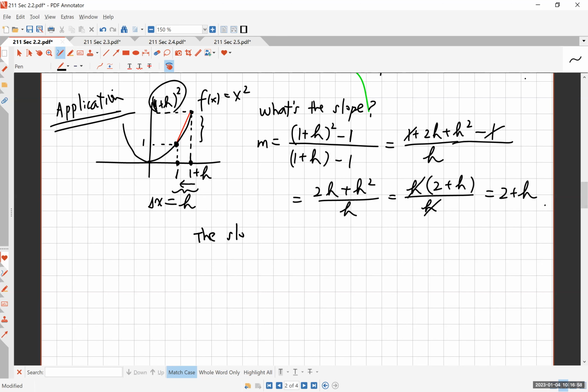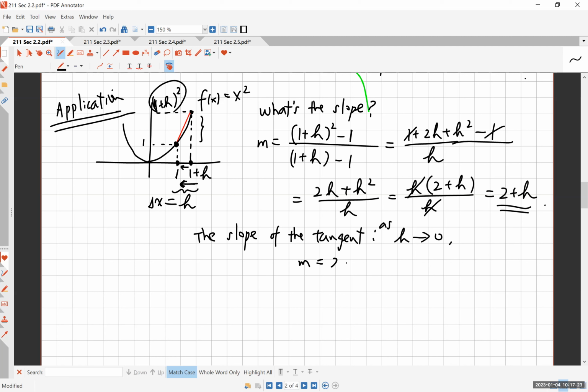So we will do this later, more formally. But you can actually find the slope of the tangent line. Remember, the tangent line is the limit as h approaches 0, right? So as this point gets closer and closer to 1, infinitesimally closer, as h approaches 0, what's going to happen to this?